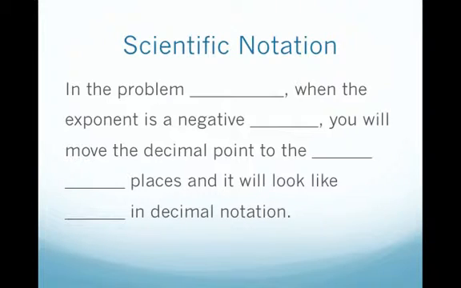In the first blank, you will put a problem in scientific notation that has a negative exponent. In the second blank, you'll tell me what that negative exponent is. And then in the third blank, you'll tell me which direction you're going to move the decimal point. In the fourth blank, how many places you're going to move the decimal point. And in the last blank, you're going to write the new problem in decimal notation.